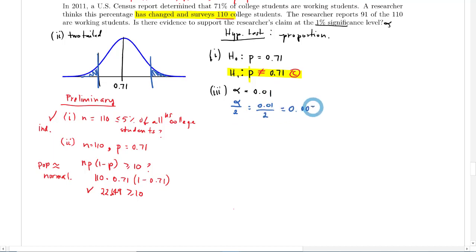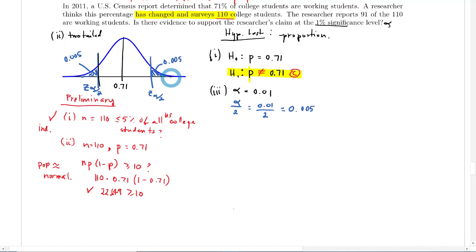And so we're doing a proportion, so it's z sub alpha over 2. Here, there are two critical regions. If the test statistic lies in the left tail or in the right tail, then we say this is statistically significant. Okay, so now drawing it, it's not equal to, therefore it's two-tailed.